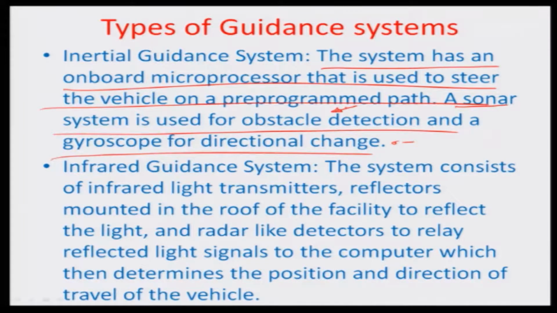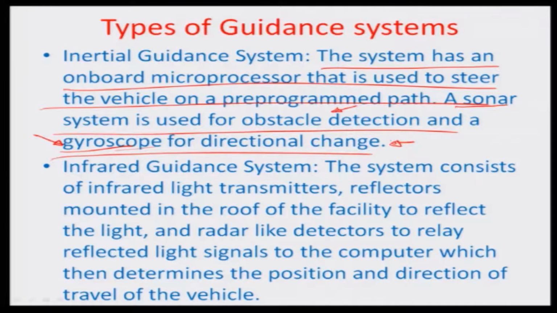So therefore there are no obstacle collisions in the process of movement of the vehicle. There is also a gyroscope which tries to sense the different aspects of motion related to the vehicle, from which one can calculate how much distance the vehicle has gone and how it needs to go, and so on and so forth.